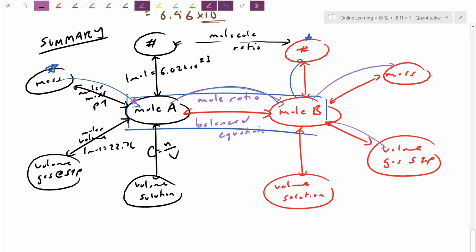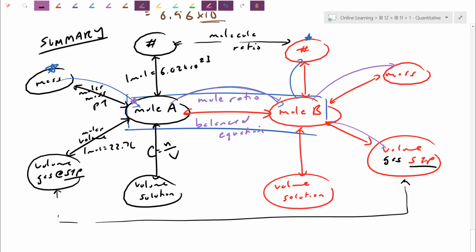We also did Avogadro's hypothesis. Maybe I'll practice one with you in tomorrow's lesson. For Avogadro's hypothesis, we saw that as long as we have the same temperature and pressure, doesn't necessarily have to be STP, but STP is convenient for us, we knew that it didn't matter the identity of the gas. We're going to find that the mole ratio also works between volume and volume, but in that case they're only gas at the same temperature and pressure.